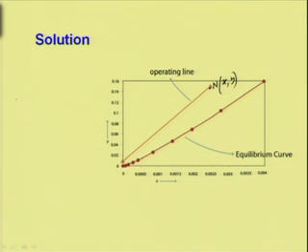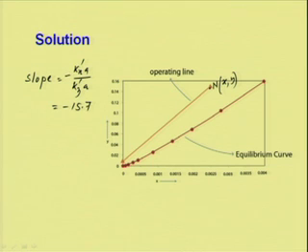Then we draw a line from this curve with a slope equal to minus k_x' a divided by k_y' a, which, as per the given value, is 15.71.